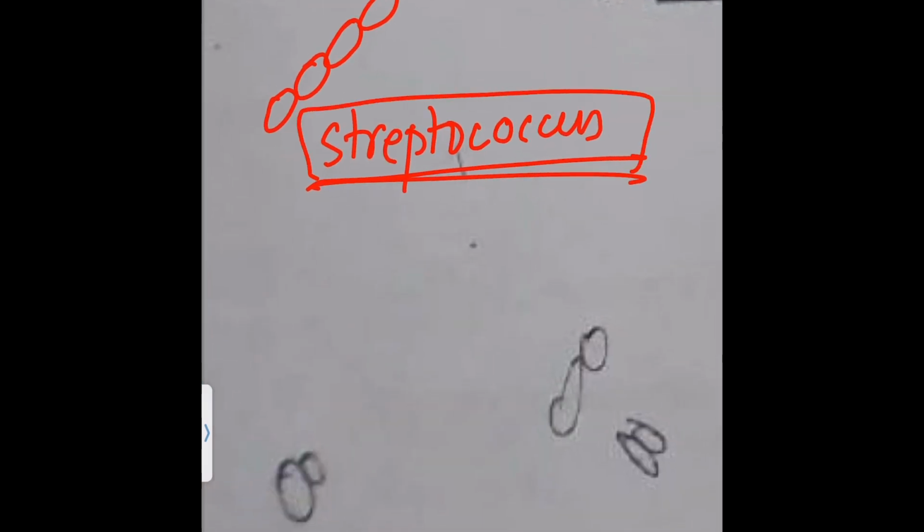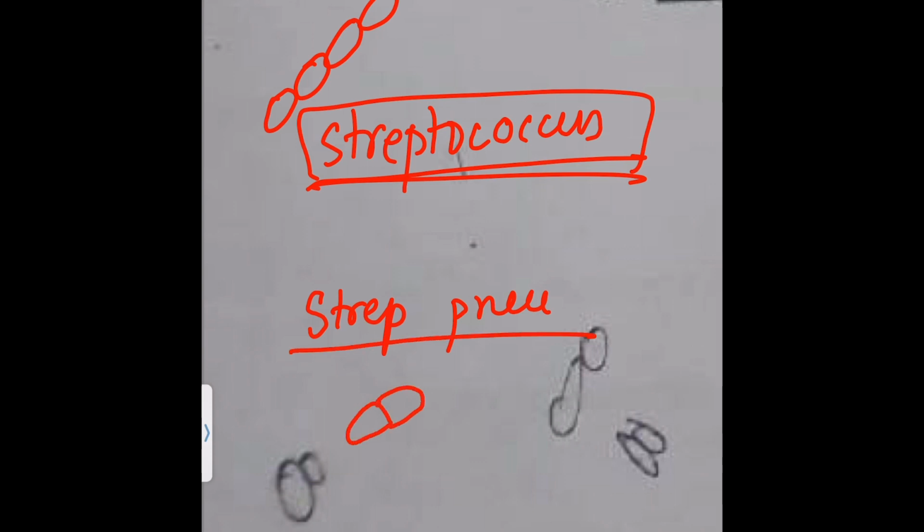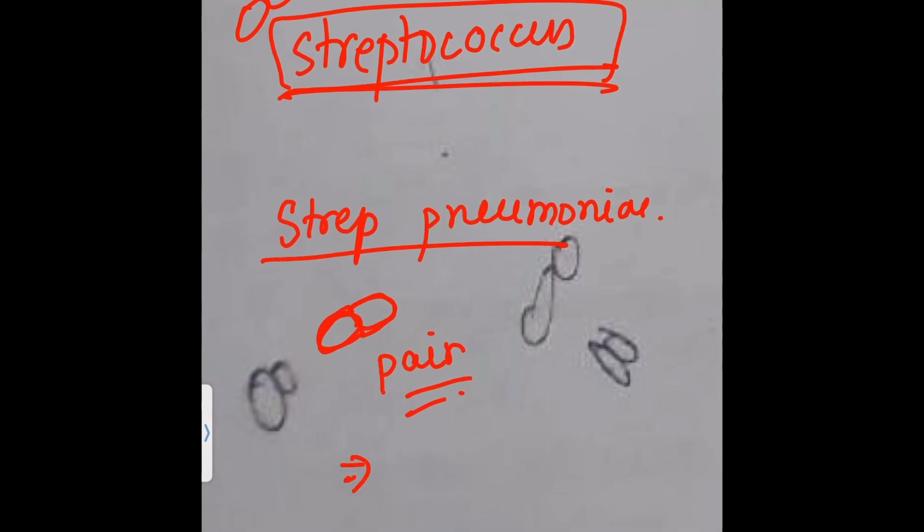Streptococcus is found in chain, but one of the streptococcus, streptococcus pneumoniae, is found in pair. Clear? Streptococcus pneumoniae is found in pair, that is two cocci like this. So these are known as diplococci. Clear?